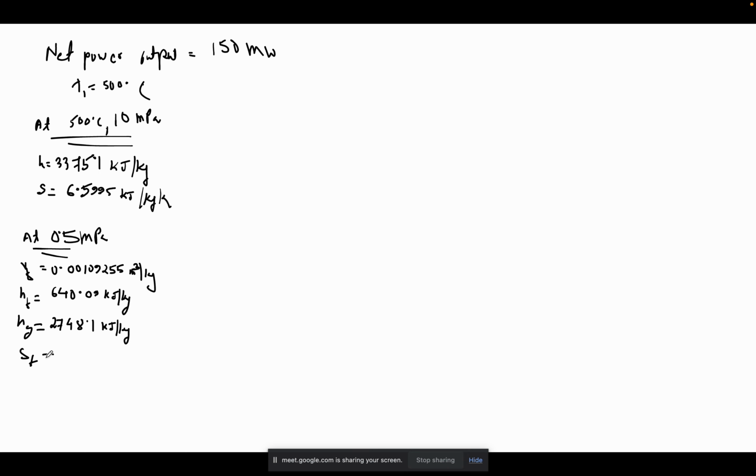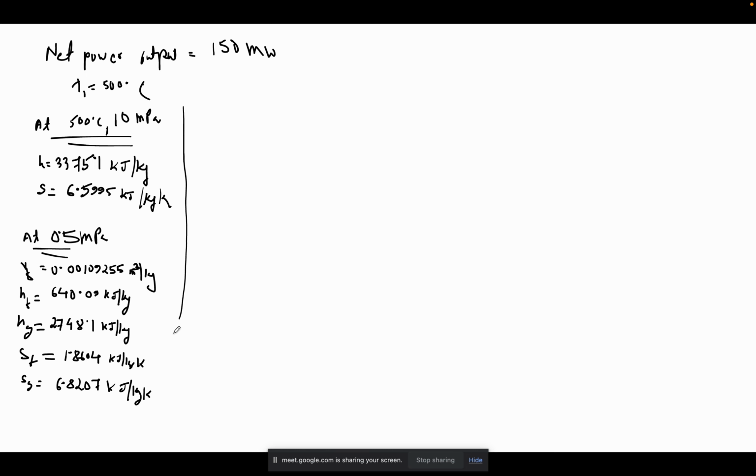Sf is 1.8604 kilojoule per kg Kelvin, and Sg is equal to 6.8207 kilojoule per kg Kelvin.